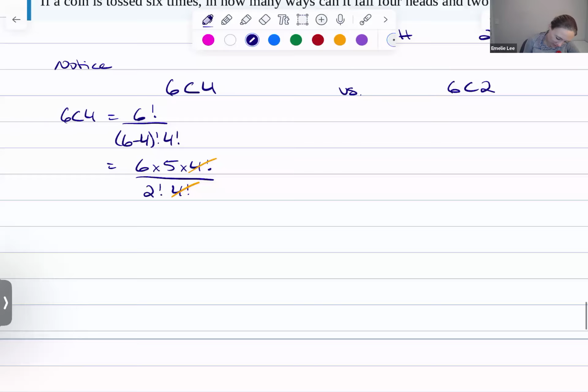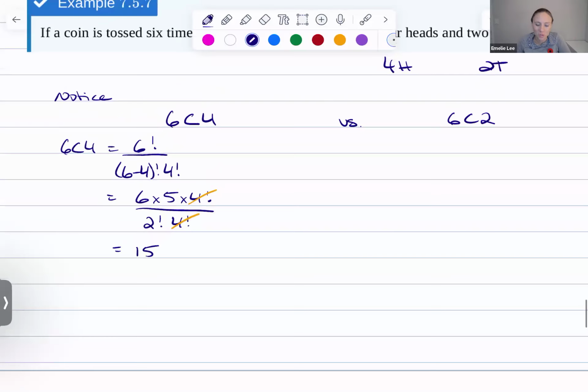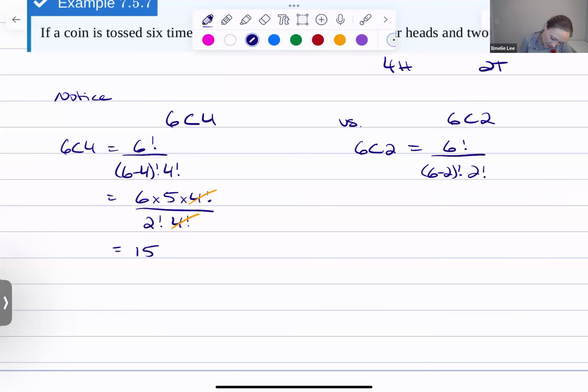And I'm left with 15. How about 6 choose 2? 6 choose 2 is 6 factorial over 6 minus 2 factorial, 2 factorial.